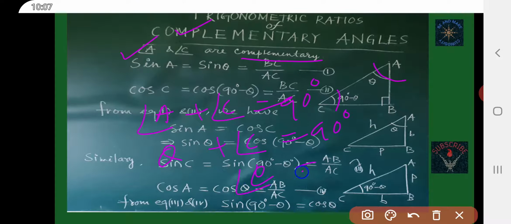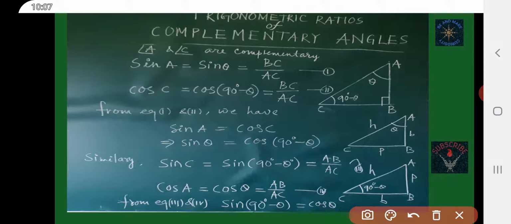Angle C is equal to 90 degrees minus theta. So this angle is theta, this angle is 90 degrees minus theta. So 90 degrees minus theta and theta are complementary.